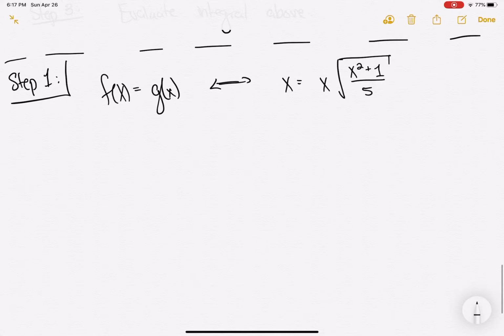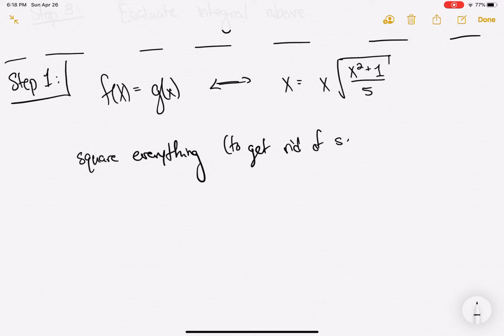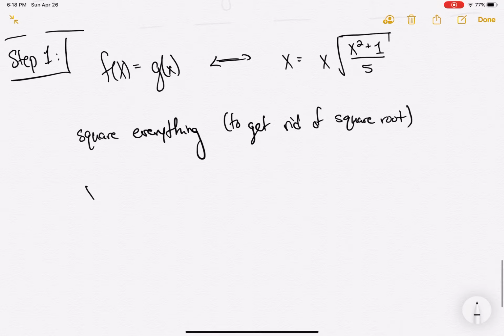And I'm going to square everything right away to get rid of the square root. Generally, if you can get rid of a square root, you want to. You just want to make sure that the math you're doing is correct to actually get rid of it.